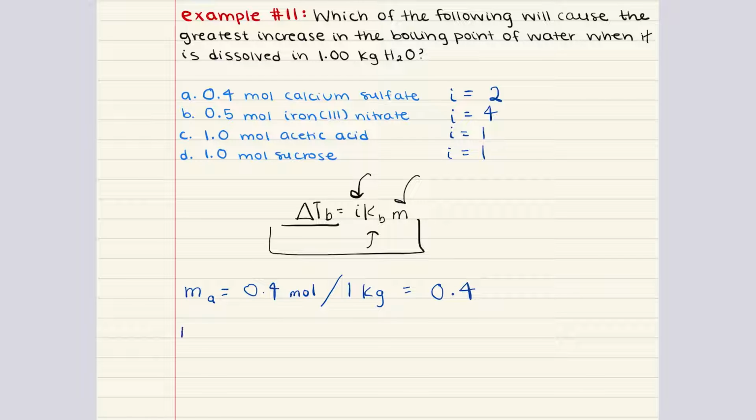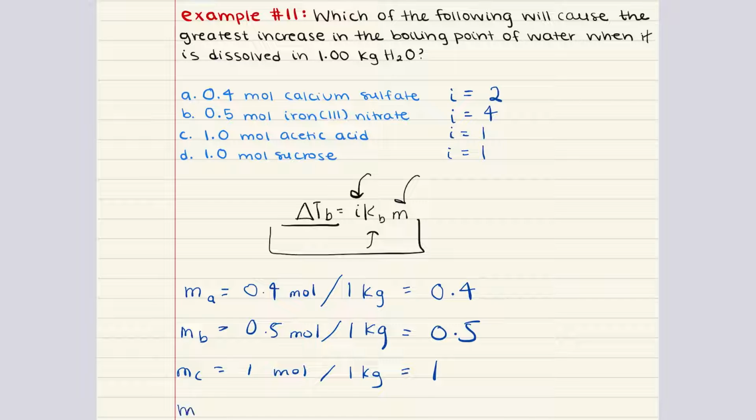What about for answer choice B? We have 0.5 moles of iron(III) nitrate. We divide that by kilograms of solvent, which is 1, and this gives us a molality of 0.5. What about for answer choice C? We have 1 mole of acetic acid divided by 1 kilogram. This gives us a molality of 1. And for answer choice D, we have 1 mole of sucrose. We divide that by 1 kilogram, and we also get a molality of 1.